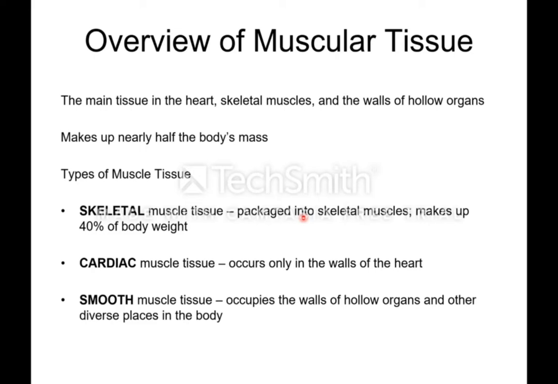The second type is cardiac muscle tissue, located only in the walls of the heart. And the third type is smooth muscle tissue that occupies the walls of the hollow organs such as stomach, small intestine, and others.